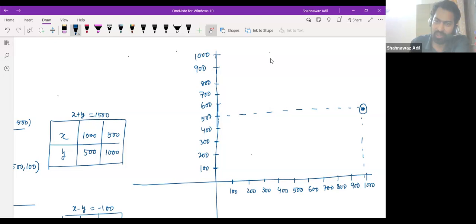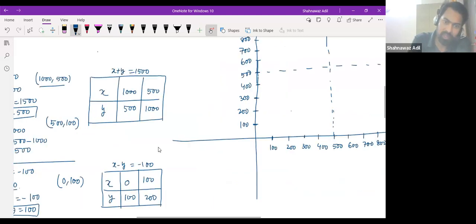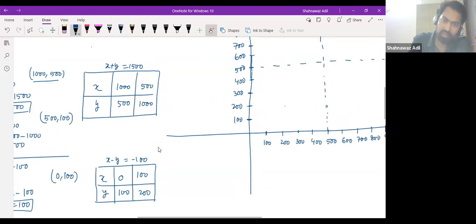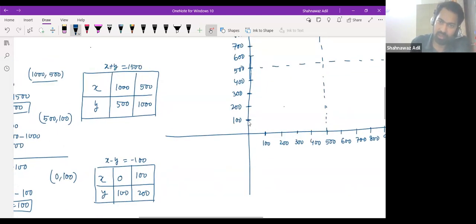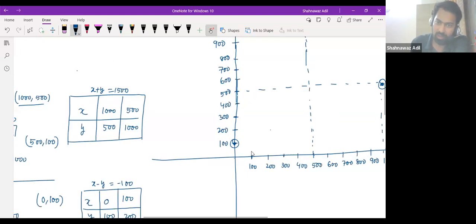So 500 comma 1000, this one, right? So this is one line, and the other line is what? 0 comma 100 is this point, and then 100 comma 200.